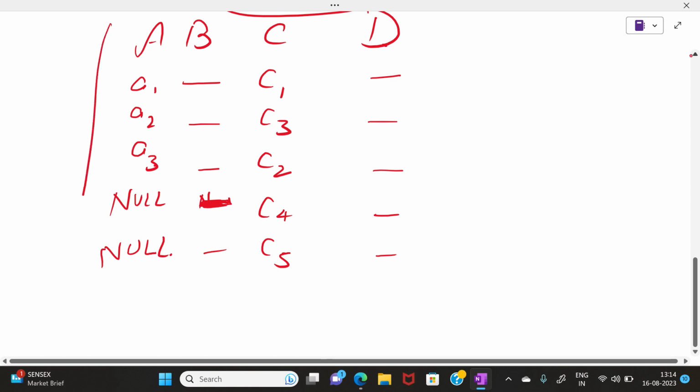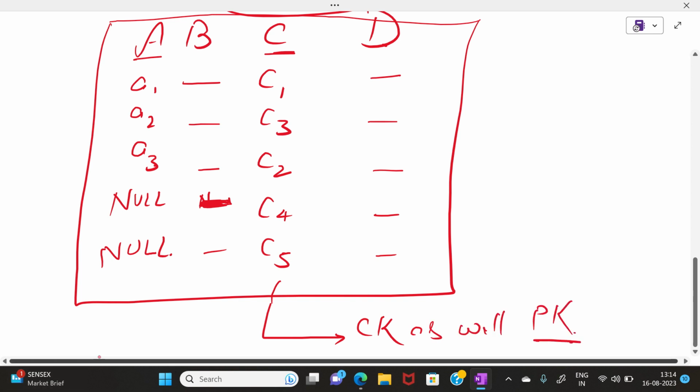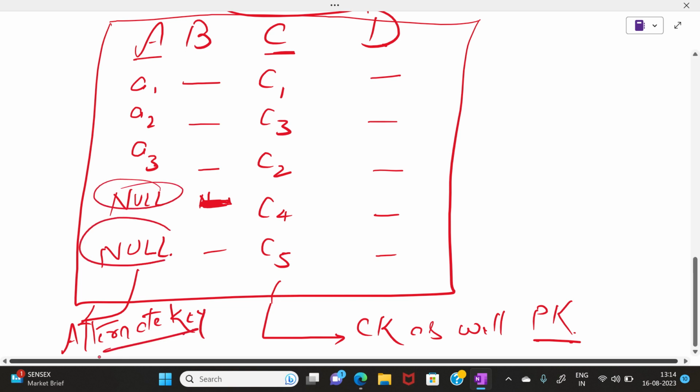So if we have combined this as an RDBMS table diagram, you see both A and C are keys here. But C is definitely the candidate key as well as the primary key for this RDBMS table design, while A could be an alternate key or simply a candidate key but not a primary key because of these null values, because we know in our RDBMS table design, a primary key is the one which has no null values.